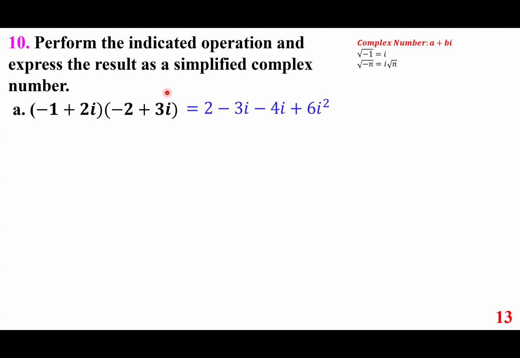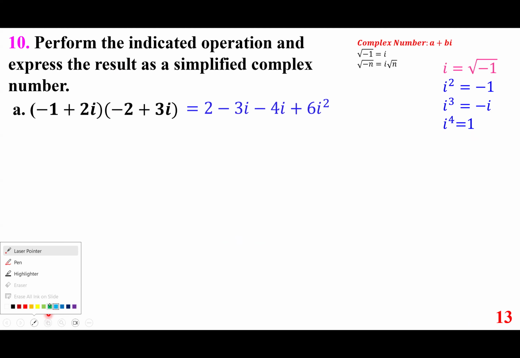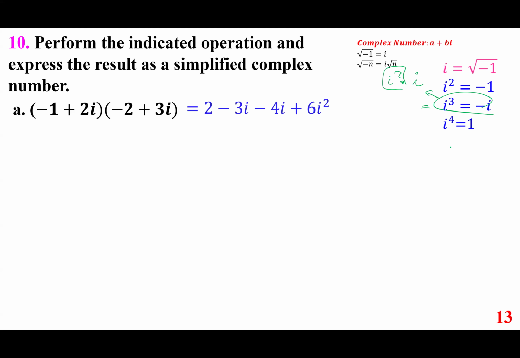However, I want to look at powers of i. If i is the square root of -1, i squared is -1, i cubed is negative i, and i to the power of 4 is 1, because when you square -1 it is 1. i cubed is i squared times i, and i squared is -1. i to the power of 4, you can say i squared squared, which means -1 squared, which means positive.